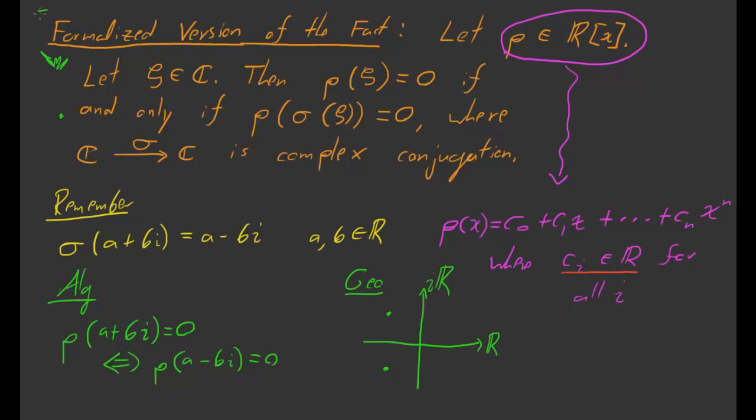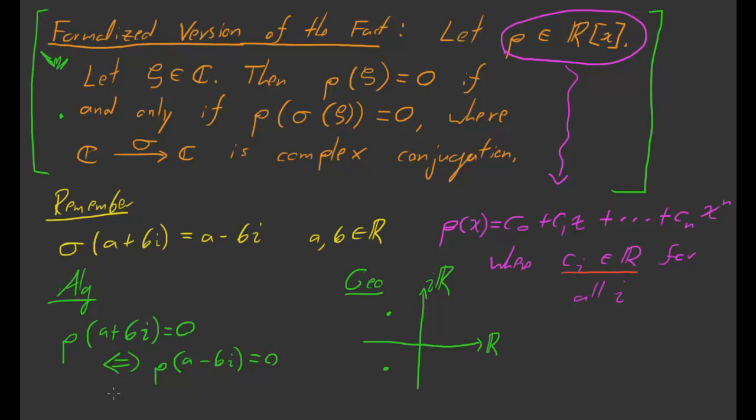So before we try to prove this claim, we should try to validate it empirically, right? We shouldn't take the claim for granted. It's always nice to see the result is true with a couple of examples. So according to this statement, it should be the case that a plus bi is a root if and only if a minus bi is, and it should be the case that the roots are distributed symmetrically across the real axis.